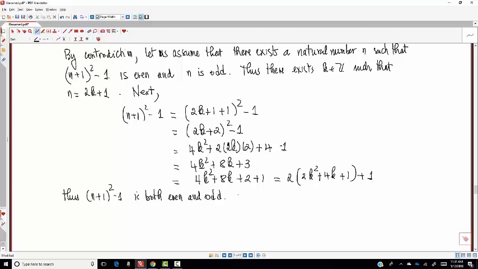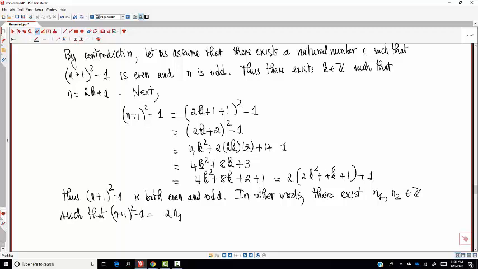So let's try to make this very transparent. In other words, there exist, let's say, integers n1 and n2 such that (n plus 1) squared minus 1 is equal to 2n1 and also equal to 2n2 plus 1.